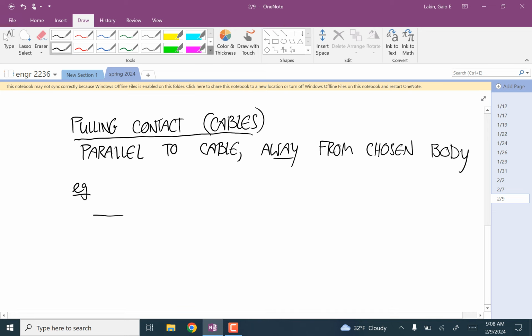So for example, if you have a body A that's connected to the ceiling by a cable, and there's an external force of 50 newtons like that, the free body diagram for this block A would have a weight force.